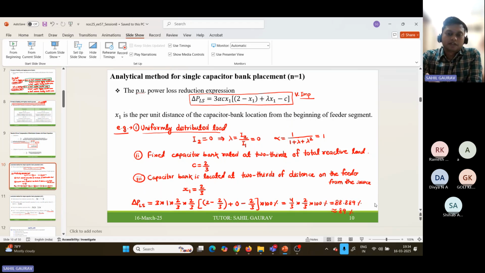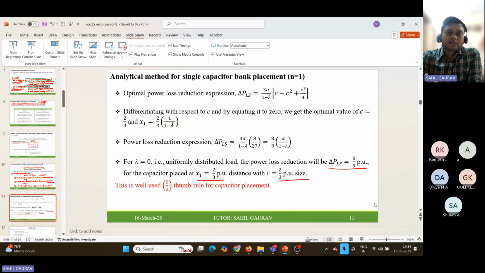Let us see this slide and then we will come back. You can refer to the class lecture where sir has derived this optimal power loss reduction expression, and this expression is for single capacitor bank placement.